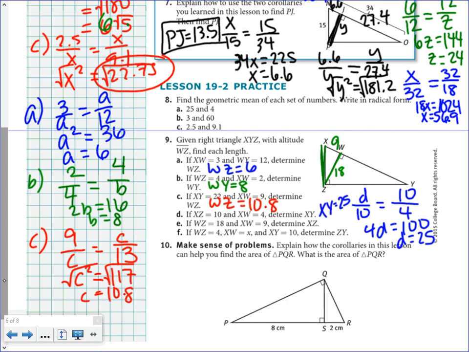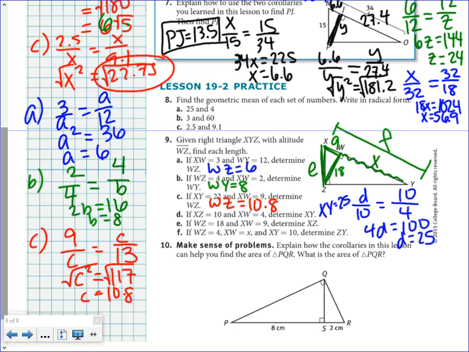So I'm going to label this part E. So when I'm looking for the leg, it is the geometric mean of the whole hypotenuse and this portion of the hypotenuse, because that's the adjacent side. We don't know the whole hypotenuse. We are going to be looking for it. So we don't know it, so before we can find E, we're going to have to find this part of the hypotenuse. So I'll label that X.